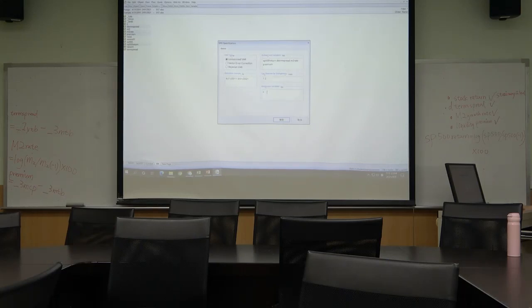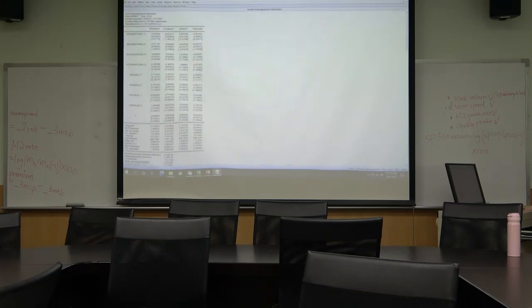And the exogenous variable is C. But since we have no idea about the lag length, we go to view, choose lag length, and then lag length criteria. For the maximum lags to include, let's just use 8.